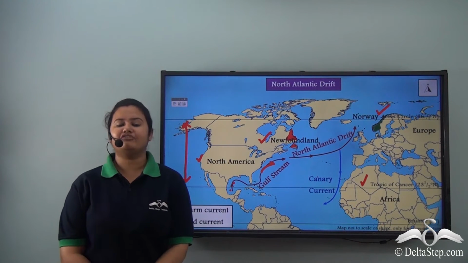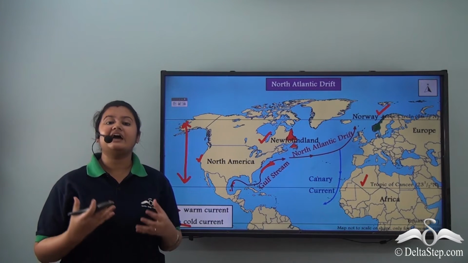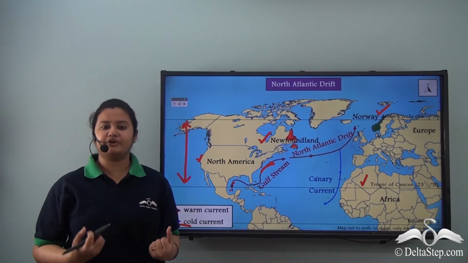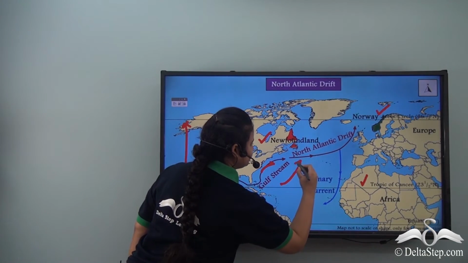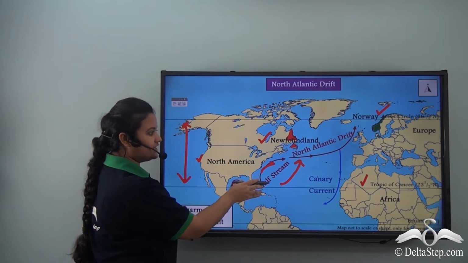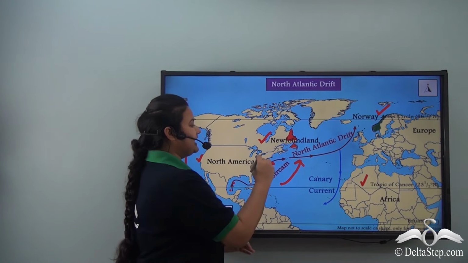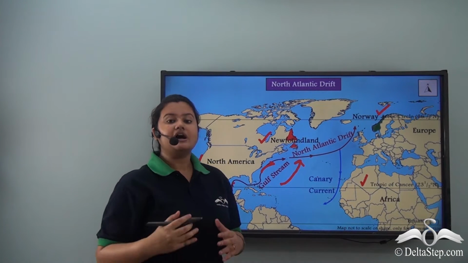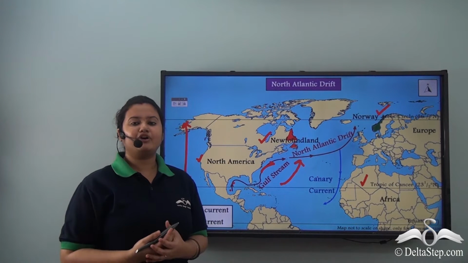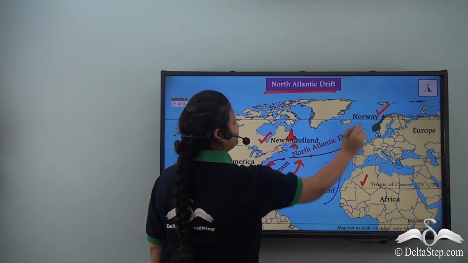Now, we have learned that in the temperate zone, a planetary wind called the westerlies is very prevalent. Westerlies flow in this direction, that is from southwest to northeast. So, under the influence of westerlies, the Gulfstream moves in this direction and it gives birth to another warm current. The name of that current is the North Atlantic Drift.